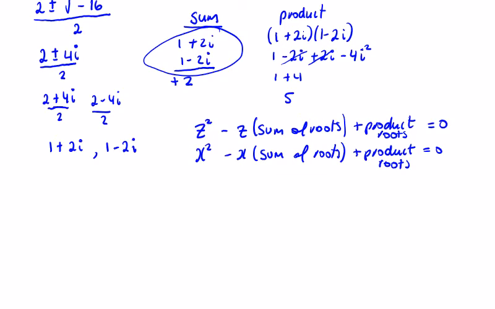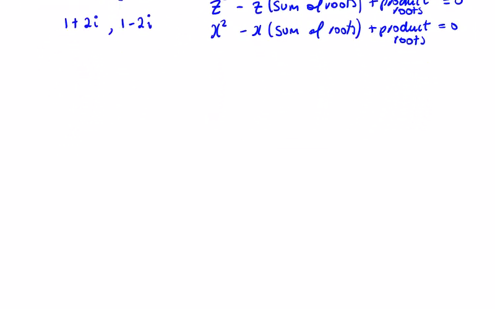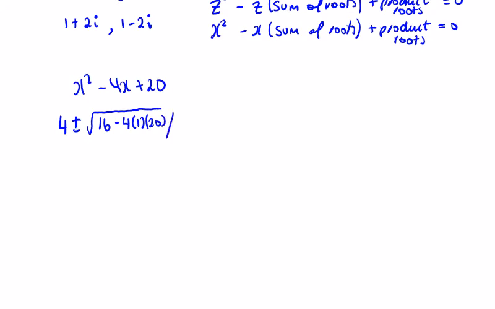So let's have a look at another one. Let's have a look at x squared minus 4x plus 20. Minus b is 4, plus or minus the square root of b squared, which you can put in 16 straight away, minus 4 by a, which is 1, by c, which is 20, all divided by 2, or 2 times 1 if you want.